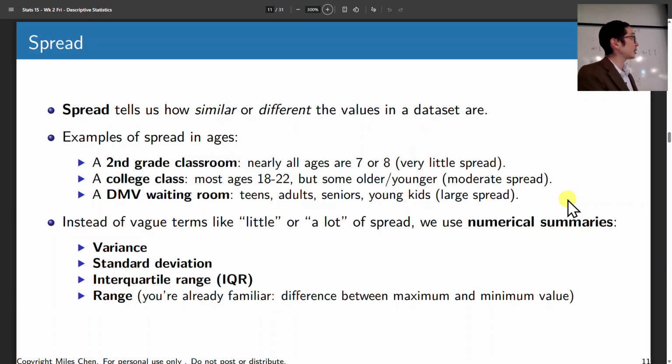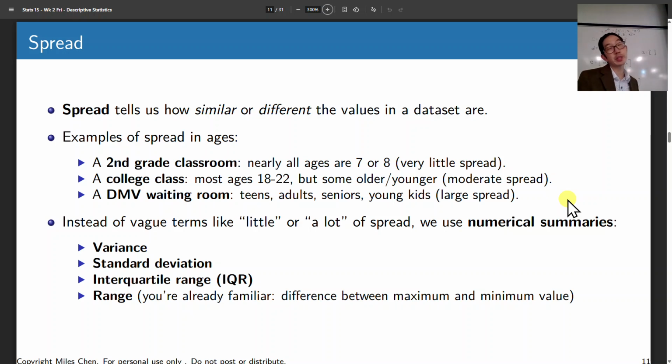All right, you go to a college classroom and you ask, okay, how old is everybody in the college classroom? Now you're going to get a little bit more spread, okay? Most of the people are probably going to be late teens, early 20s, okay? 18 to 22 is probably most common, but you're going to have people who are older, 25, 29, things like that, where maybe they had a career or are coming back from military service and going back to undergrad, all right?